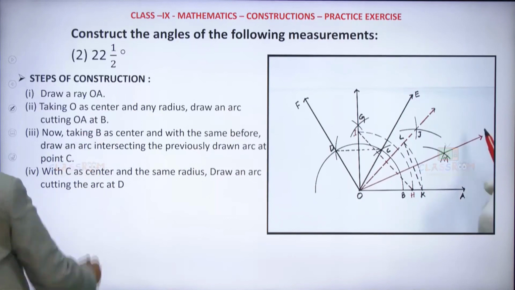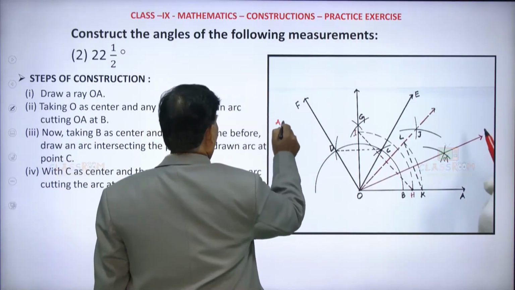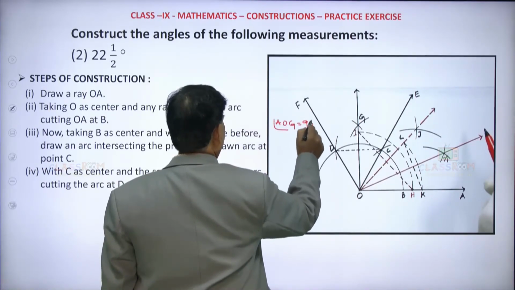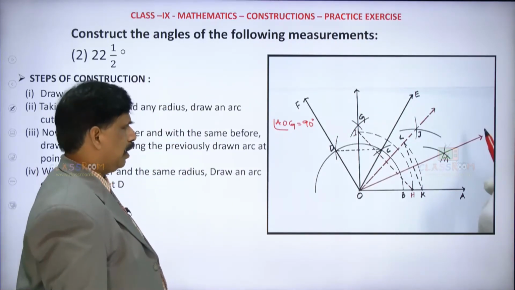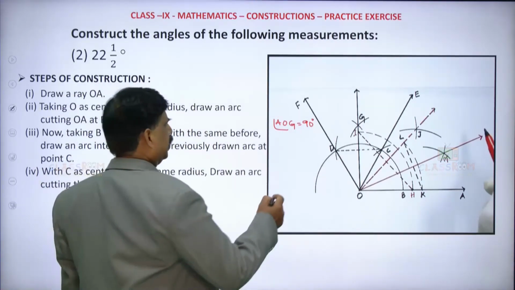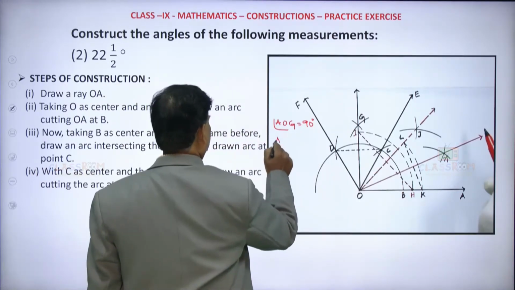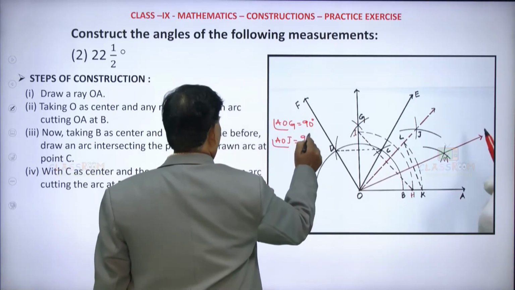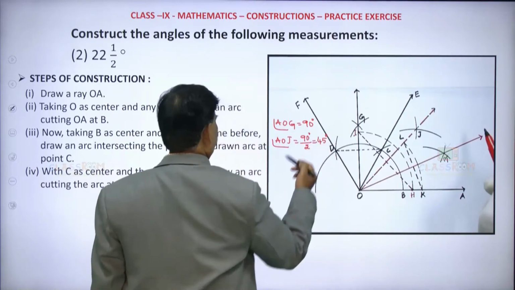So what is observed here? We got angle AOG 90. Then we have drawn the bisector such that angle AOJ is 90 upon 2, which is 45 degrees.